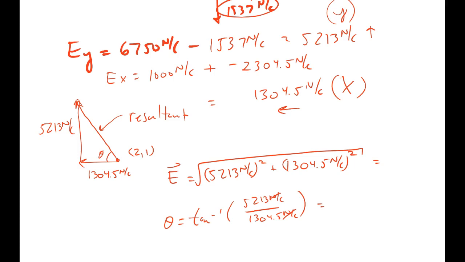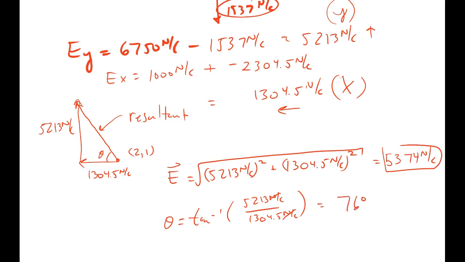I get 5,213 squared plus 1304.5 squared. I then square root that, and I get that the electric field in magnitude is 5,374 newtons per coulomb. That's the magnitude, and then it points at a direction of the inverse tan of 5,213 divided by 1304.5, and that's 76 degrees.